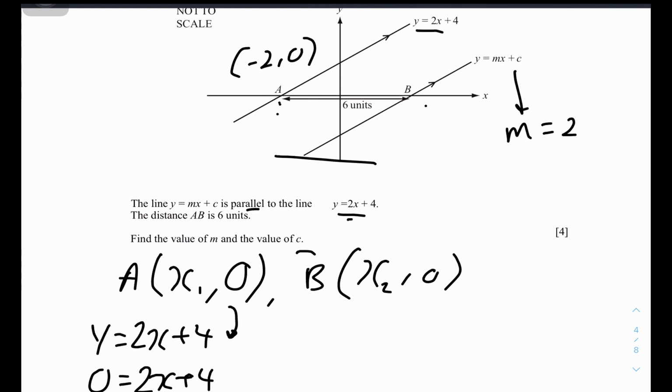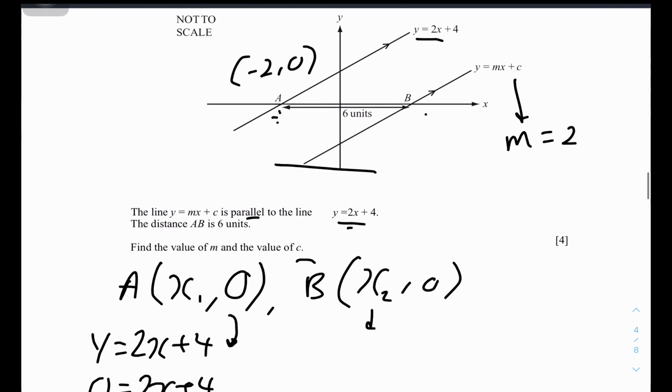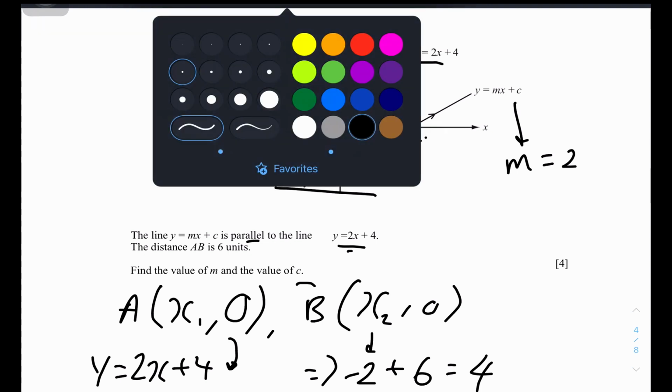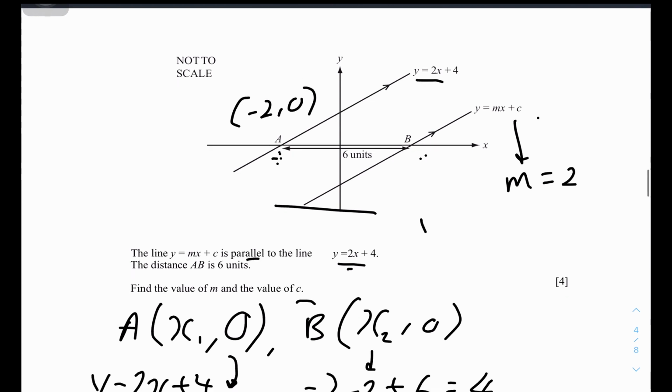And once we have the x1 value for A, we can find B, which is just minus 2 plus 6, because we know that from A to B, it's 6 units for the x value, so it will be 4. And once we have the x2 value for B, we have to find the equation of the line. So the equation of the second line is y equals 2x plus c, where m is already 2, and when x is 4, y is 0.